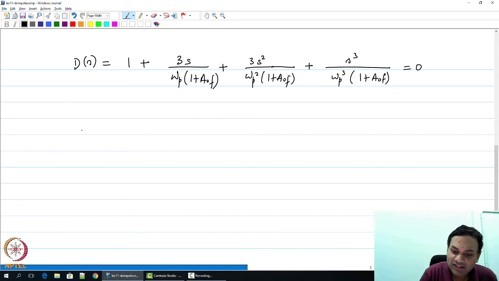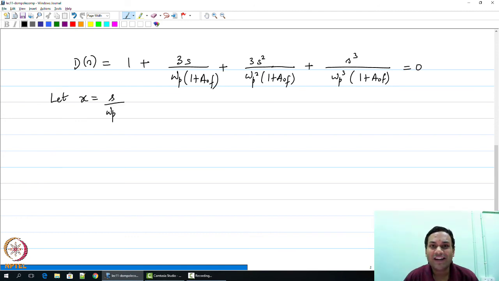Now I'm going to make a small substitution to make things easier. I'm going to say some variable x is s by omega p. So I find out the roots of d of x, and then I substitute x equals s by omega p.